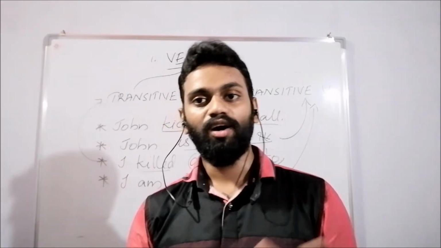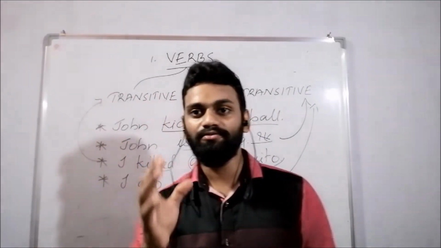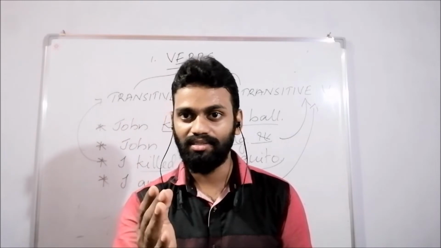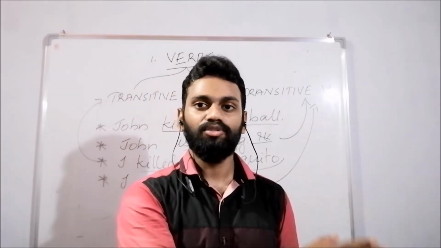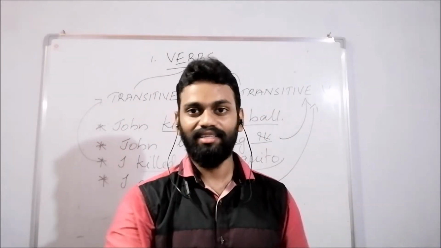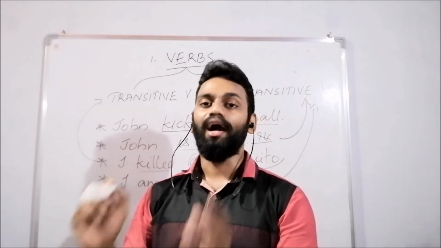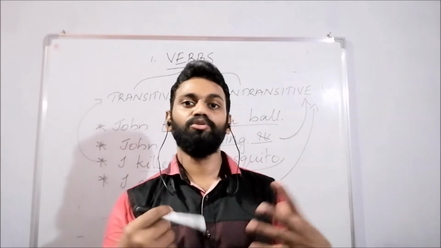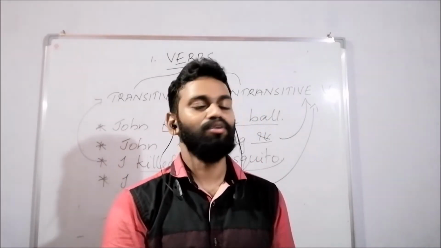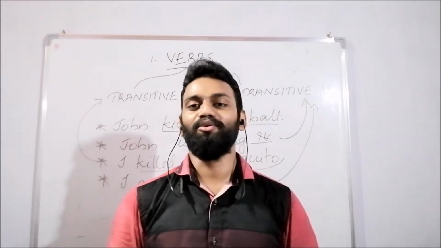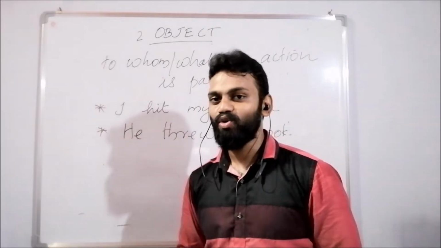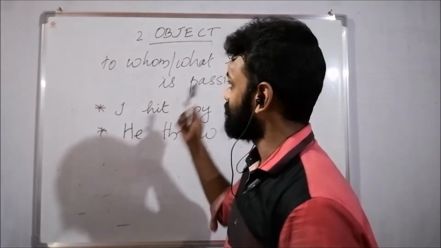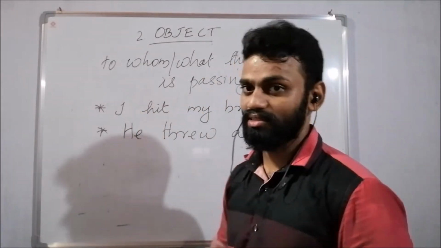So to sum up, we can say that transitive verbs are actions that pass to the object, and intransitive verbs are actions which do not have an object or which do not pass to an object. Now we are over to the second part of the predicate, which is the object.